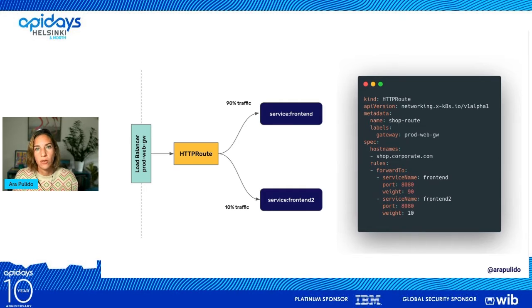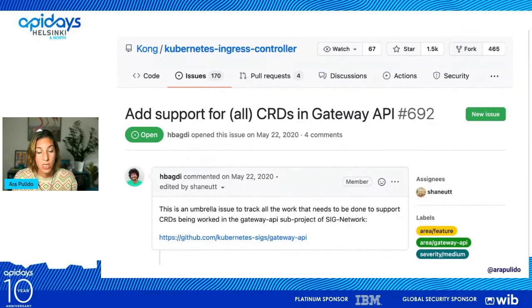And this is not an annotation. This is not part of a hack that we do on the object. This is part of the spec. So all the implementations that want to implement this API will need to be able to do these things following that API. And again, same people, here is an example of an issue in the Kong repository where they're implementing the Gateway API.